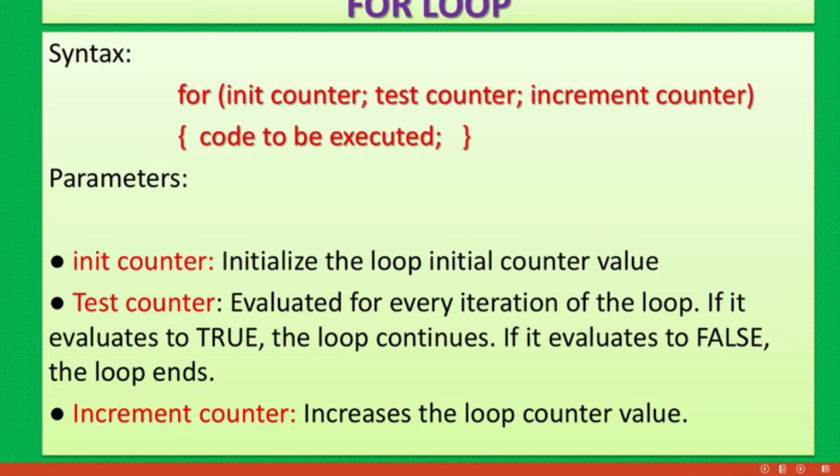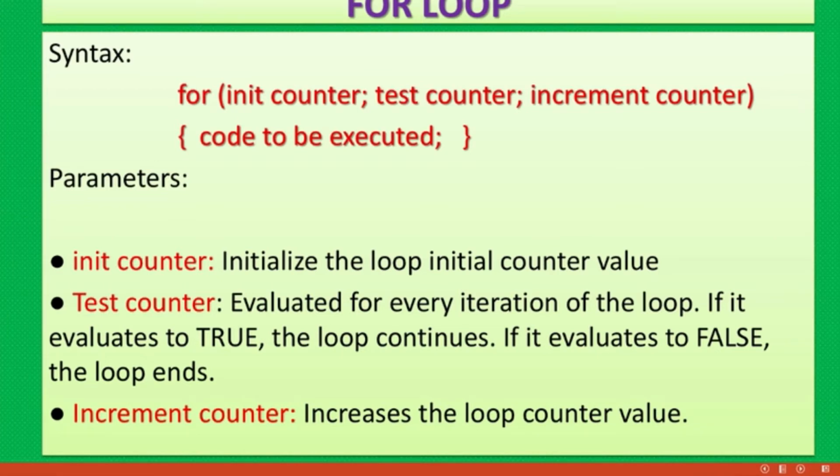Starting from count is equal to 1, the next time it executes, the value of count must change to 2. Okay, we human beings, we know that we have to count from 1, 2, 3 and so on. We have learnt. But computer is a machine and you will have to give the starting value of the counting. How the next values should go, whether increment or decrement, whether to increase by one value or by double values, it all depends upon the situation. Okay, we will have to give it.